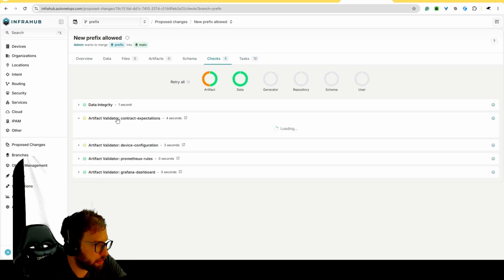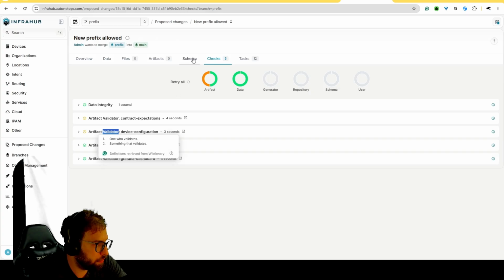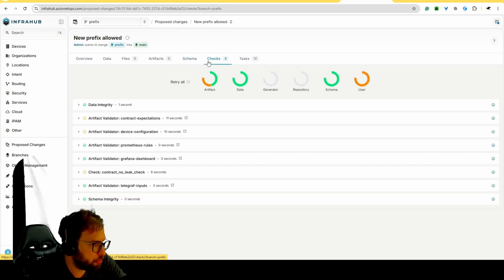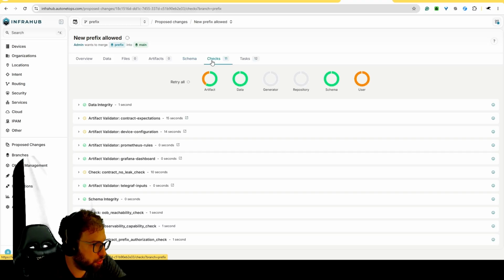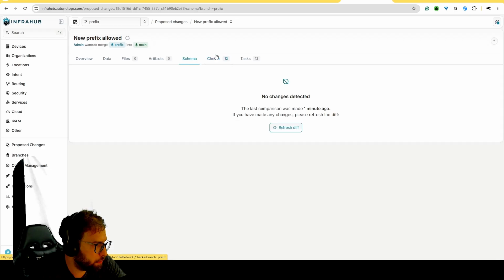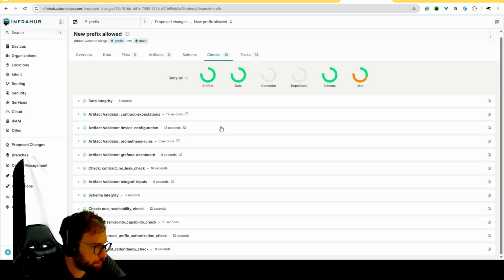There you go: contract expectations, device configuration, if anything is going to change. For now, things are passing, and we should see an issue with the contract prefix authorization check. Let's let them run. Capability, observability. Yeah, there you go.